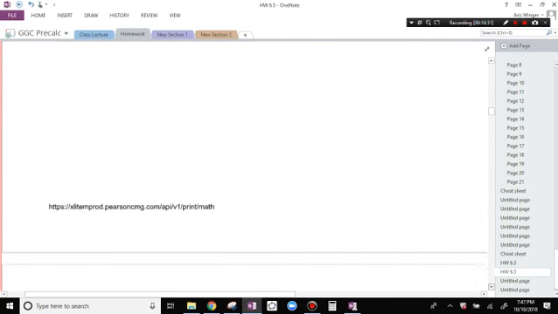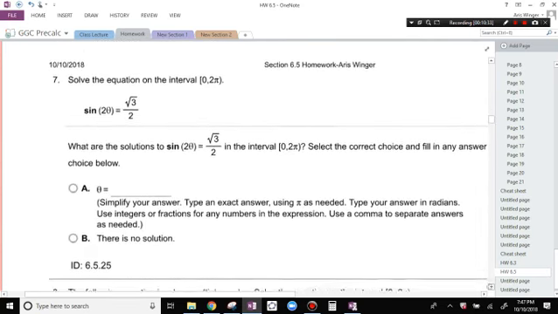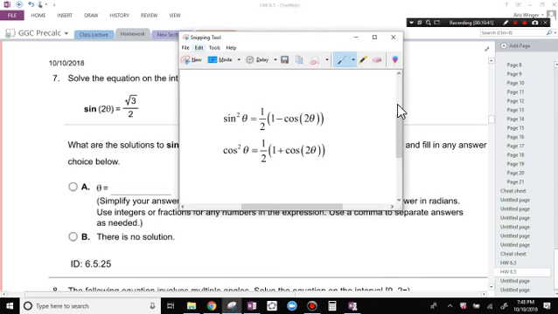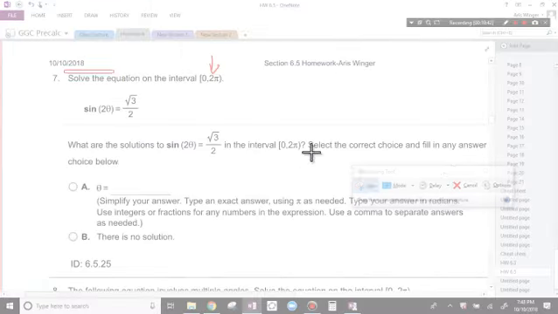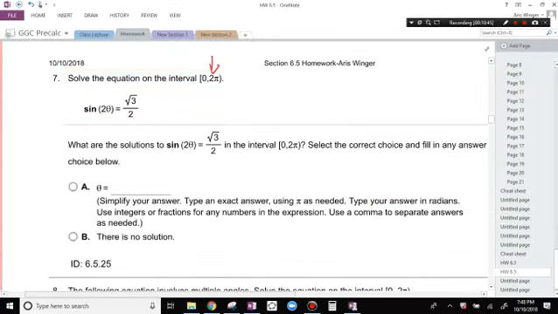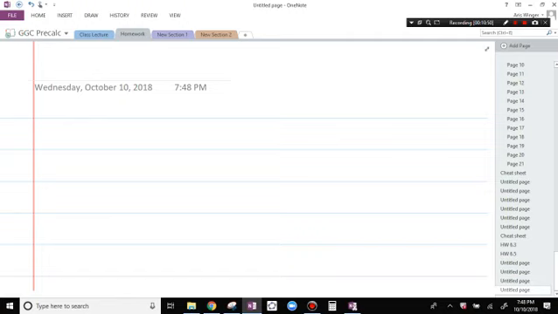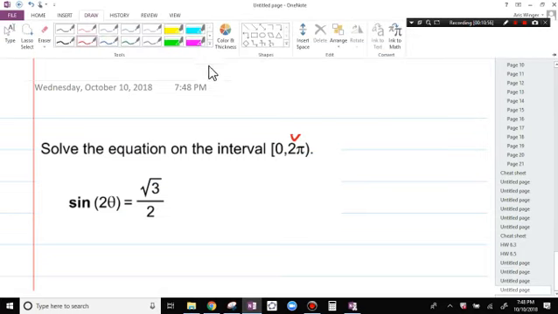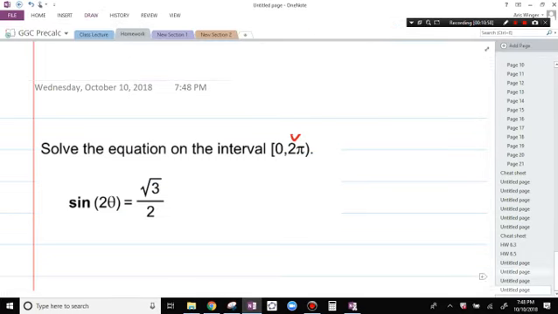Got 19 of these. They're pretty straightforward. Want every solution here, but only in this interval. So we'll go through this very carefully, putting out the steps.